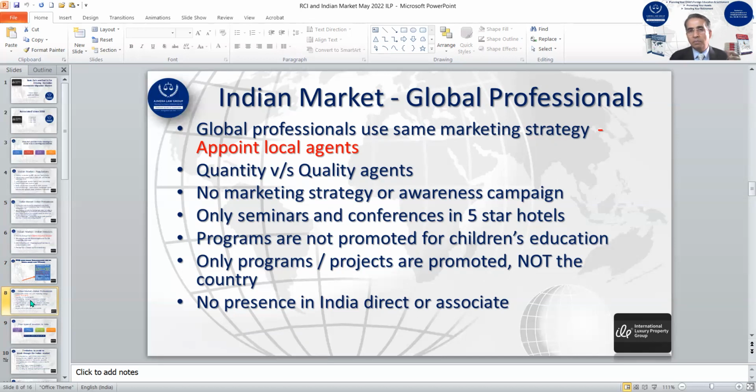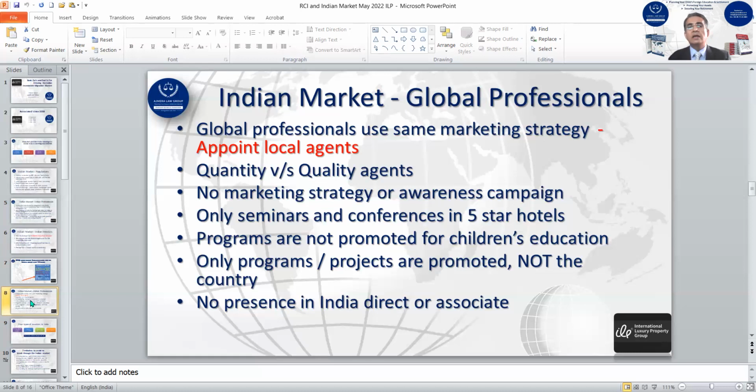Also, apart from the Canadian programs and the EB-5 program of the USA, global professionals do not have a direct presence in India, which could be very expensive, and many of them don't want to do it. But they don't try to figure out how to associate with somebody, as an associate or agent or an immigration lawyer or a consultant, where we can say that now we have a presence in India to get the confidence of the client, the confidence of the investors.